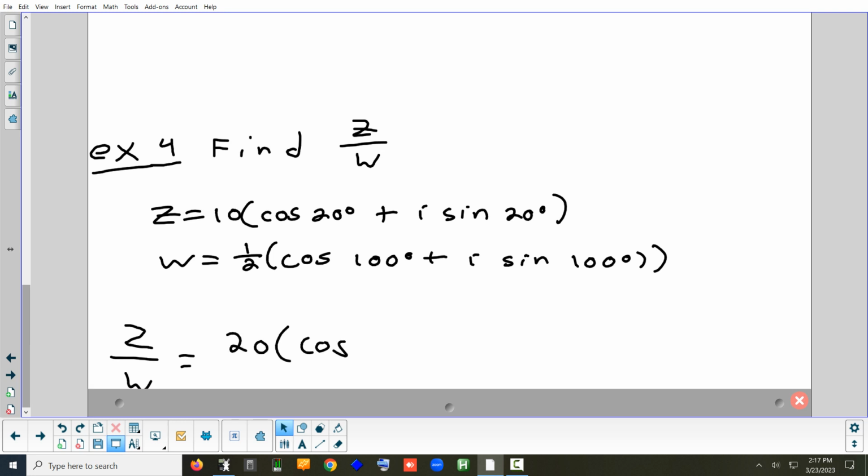20 cosine. And without doing anything extra to the angle, what do you get for the angle here? Just following the formula I gave you. You get -80. Now, if the directions said to make it positive, what would you add to it? You'd add 360.